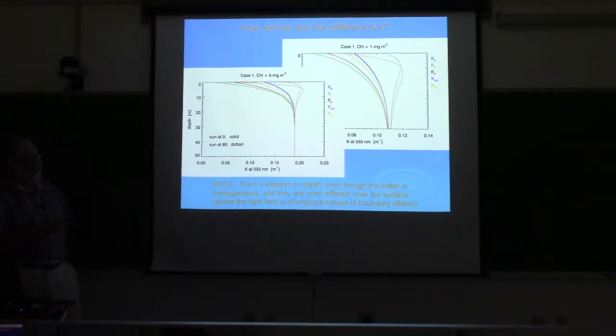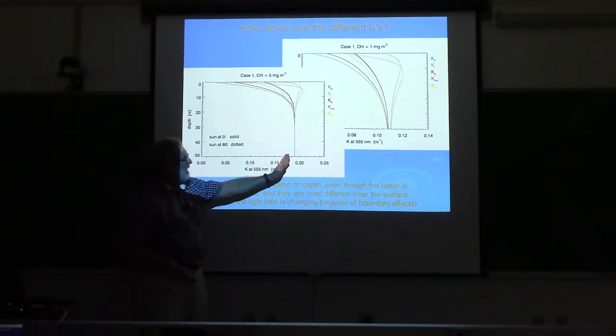But the idea is that all of these AOPs will be different near the surface because they depend on things like solar angle a little bit. And remember, a factor of 2 here is better than a factor of 10 for ED, for example. But if you go deeper into the water, they all become the same, and they become actually inherent optical properties.